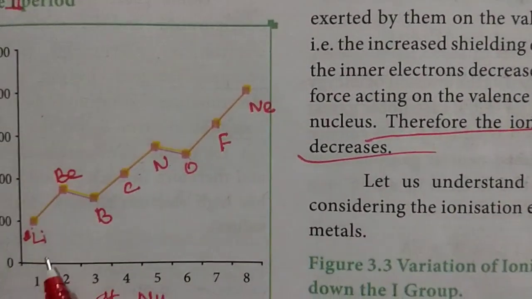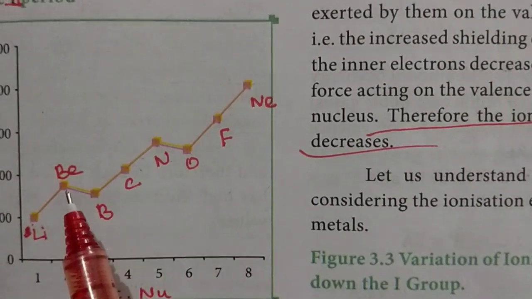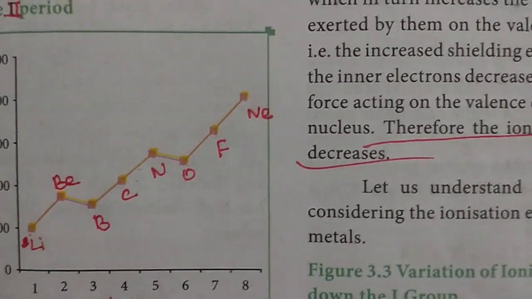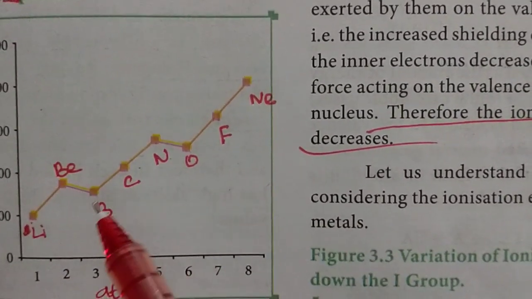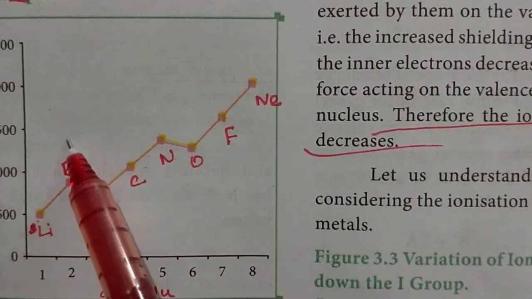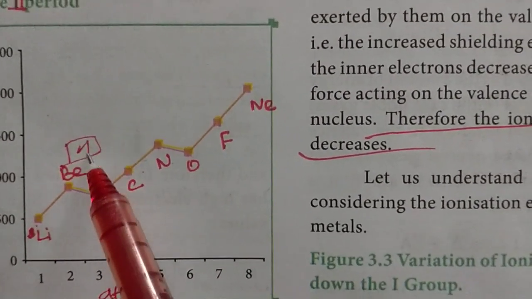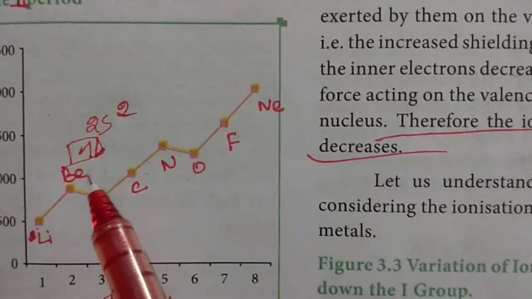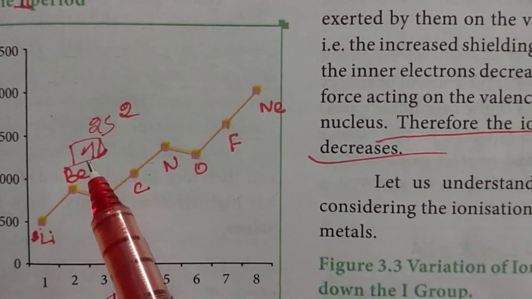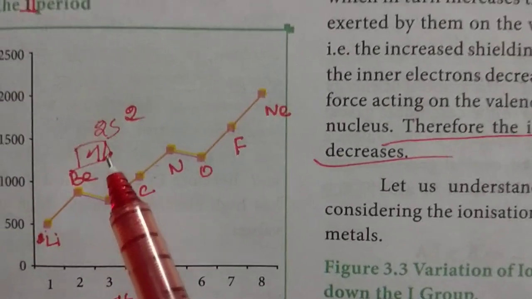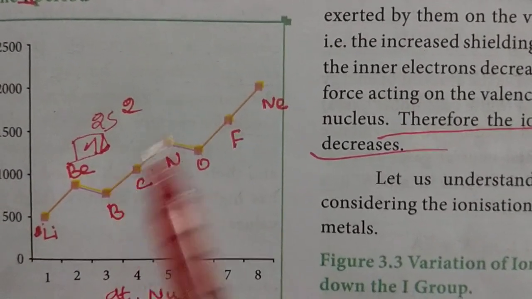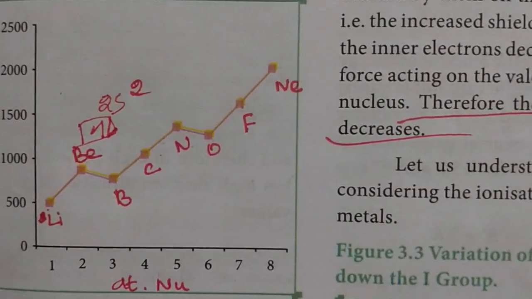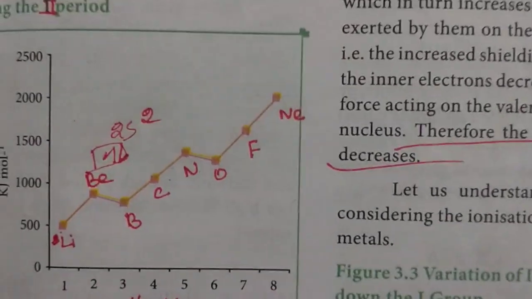In lithium only one electron is present in that orbital. Beryllium contains 2 electrons, 2s2. Filling 2 electrons in one orbital is more stable than incomplete filling of an orbital.